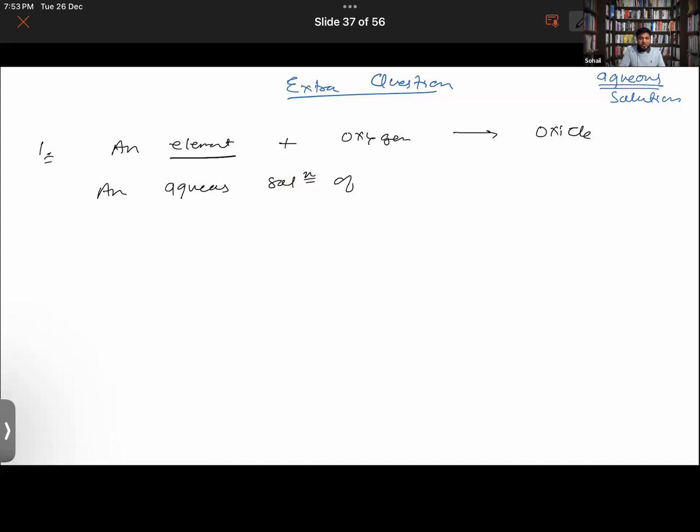So an aqueous solution of oxide is turning red litmus into blue. Okay. So now you guys have to tell me whether this is a metal or a non-metal, and also give reason for your answer. Sir, in chat. Okay, sir. It would be better if you answer this in the chat box. Okay.